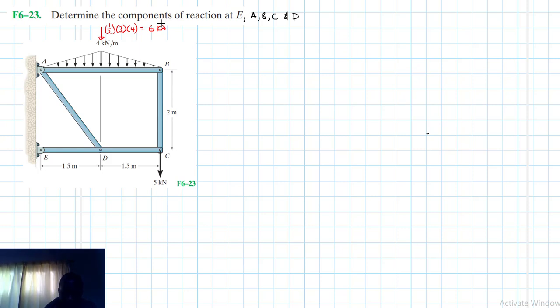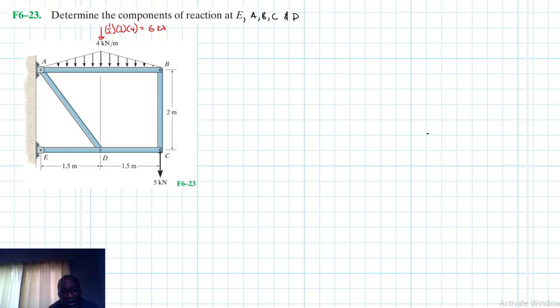And since it's acting at the very midspan, because when you look at this loading, it's symmetrical about this axis, expect the location to just be at the very center there.